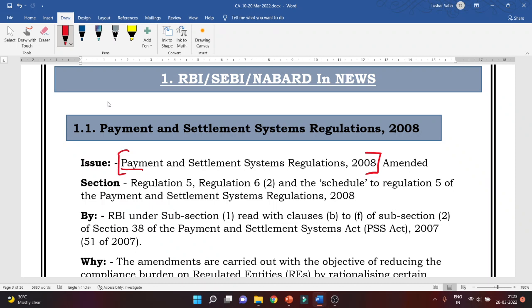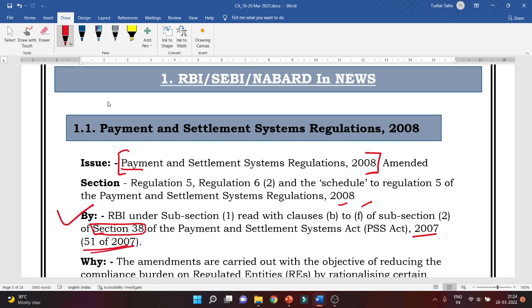Remember this always: RBI has done it under subsection 1 read with clause B to F of subsection 2 of section 38. This is very important. Section 38 of the Payment and Settlement Systems Act 2007, 51 of 2007.